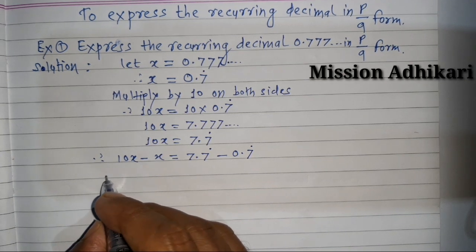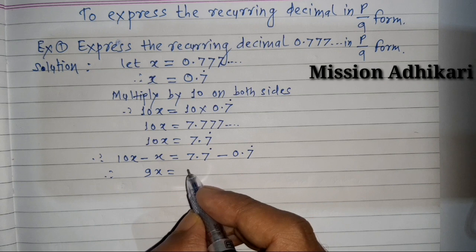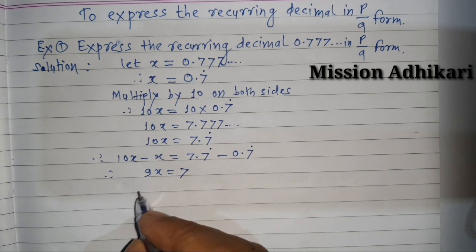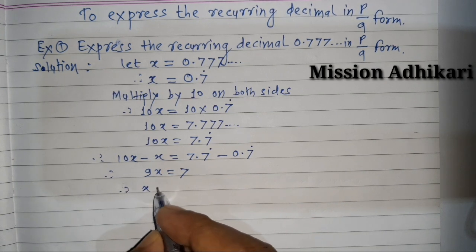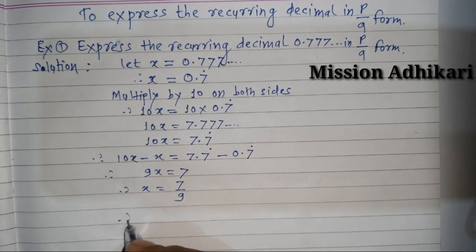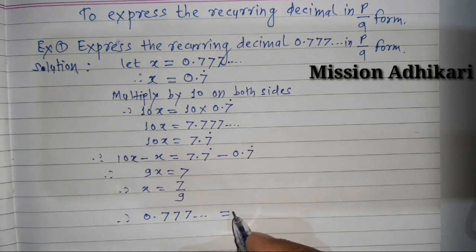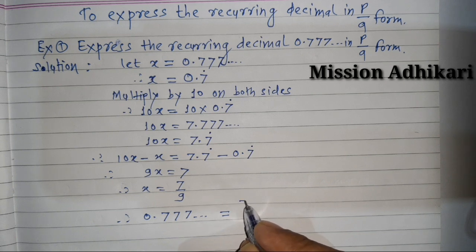On the left hand side we get 9x, on the right hand side we get 7. Therefore x is equal to 7 upon 9. Therefore 0.777 recurring is written in p by q form as 7 upon 9.